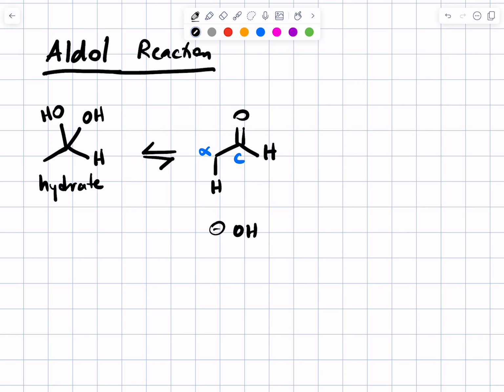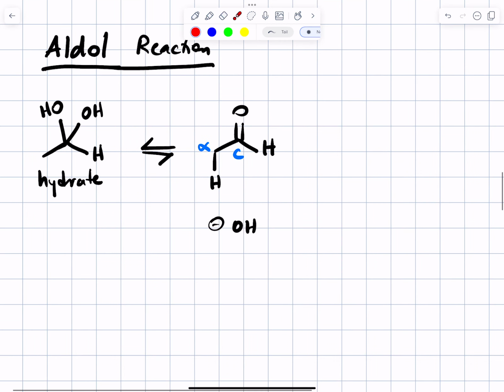That's the product that happens if hydroxide attacks the carbonyl carbon, you get a tetrahedral intermediate, you protonate on the oxygen. And there's some equilibrium constant here, and it's basically a function for how electron poor the carbonyl carbon is.